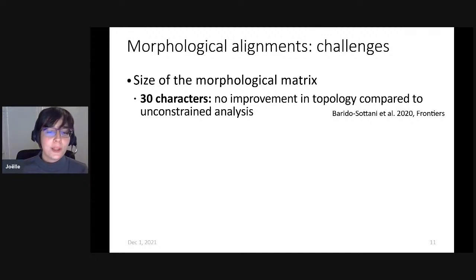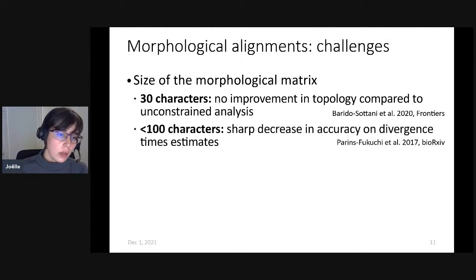So probably the minimum number is somewhere between the two. There's another study that found that below 100 characters, there's a very sharp decrease in accuracy on the estimates of divergence times. So I would say the conclusion from that is that probably above 100 characters is a good thing to aim for when building a morphological matrix.